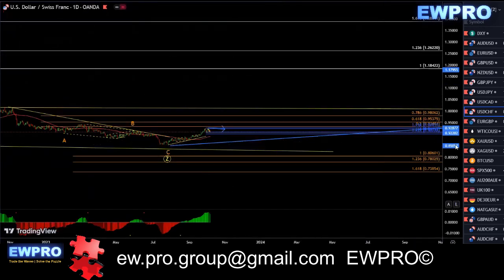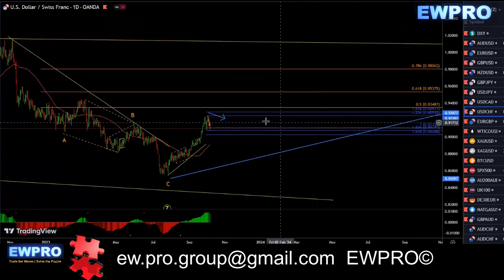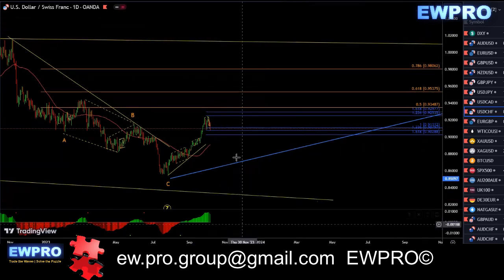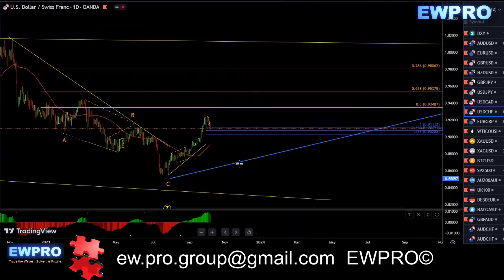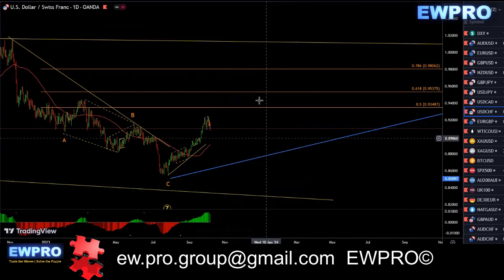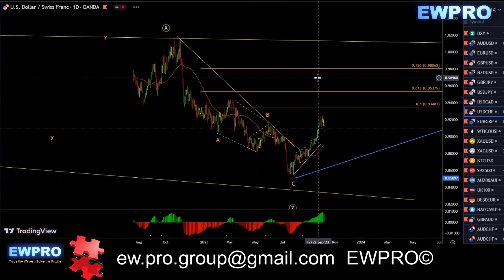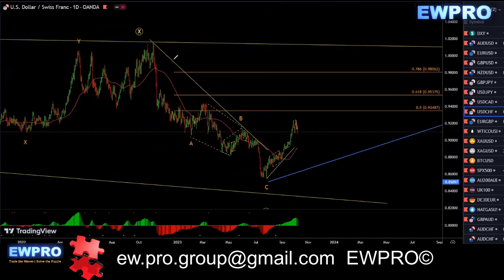So getting onto the daily, I'll just remove all this from Friday. So the daily, we have this 1, 2, 3 down with the bullish divergence. We got a rather nice impulsive. Well, this is looking rather impulsive now.